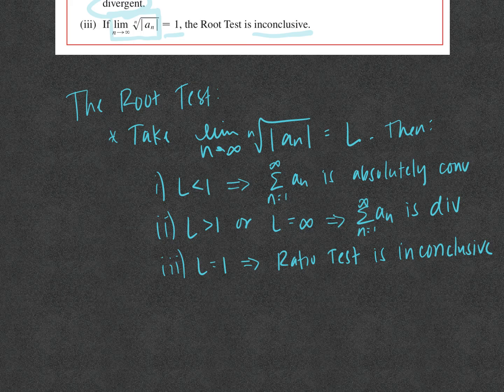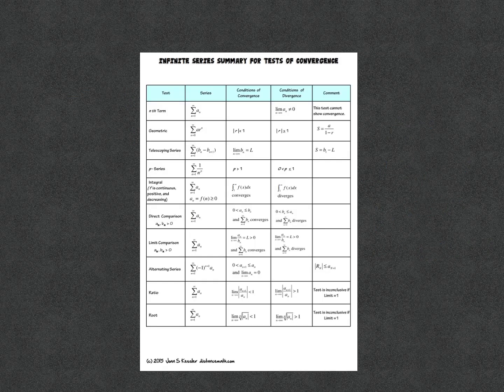Now I want to tie this into your reference sheet, because you'll have a reference sheet for your test. So look at this with me. This is the reference sheet that you'll have for your test. You should practice using it. Down here we have the root test, and given a series, you're going to look at the limit of the nth root of the absolute value of a sub n.